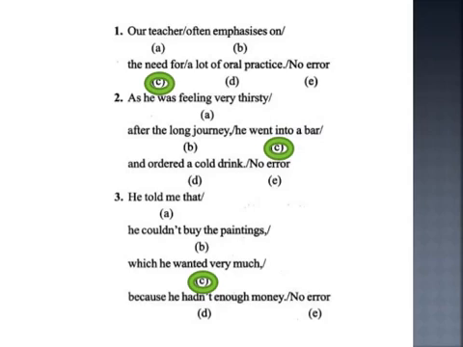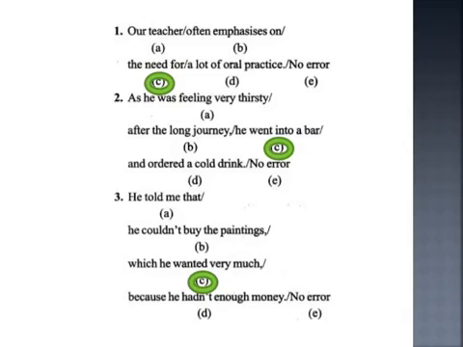As he was feeling very thirsty after the long journey, he went into a bar and ordered a cold drink. No error. So what is the answer there? Answer is C. Why C is the answer? He went in a bar. He went into. Into will show movement.